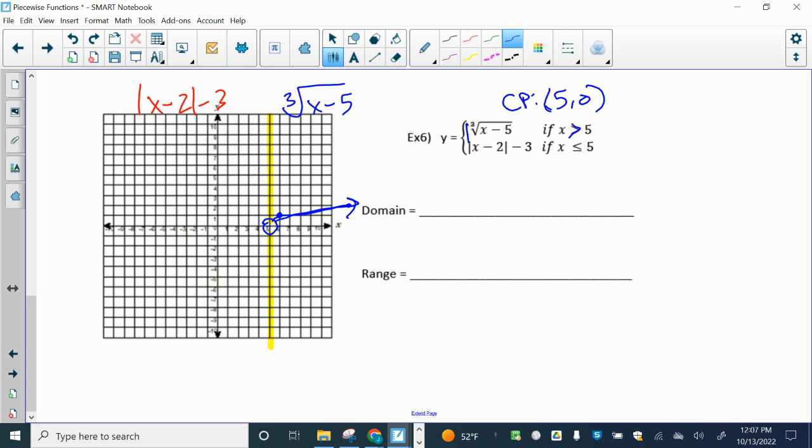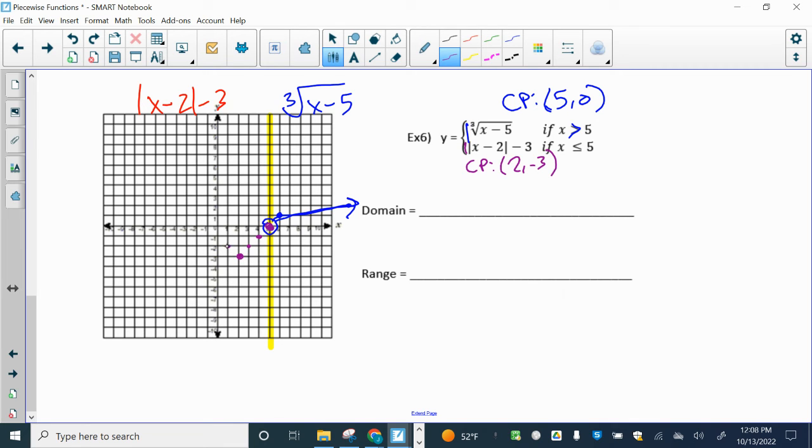Now we have to graph absolute value of x minus 2 minus 3. Okay, so our critical point this time where we're starting, 2, -3, right here. Remember, there's really a 1 in front, and that's acting like a slope as we go to the right and left. So we go up 1 unit, right 1 unit, up 1, right 1, up 1, right 1. We could keep going, or recognize we got to go back to the left also.